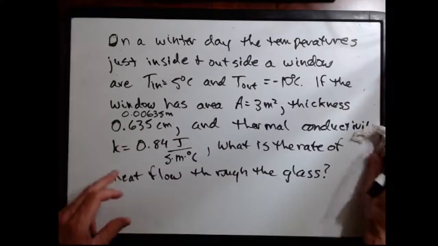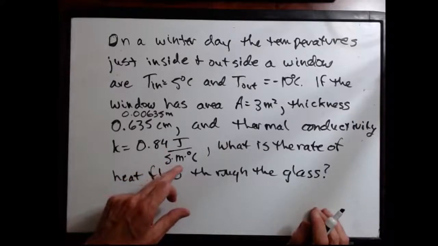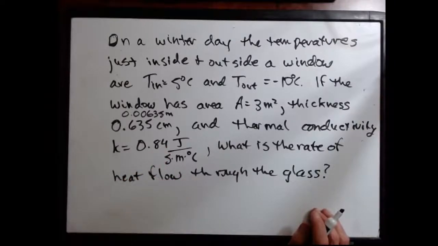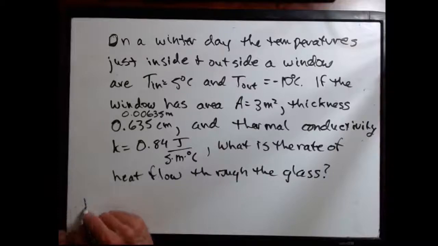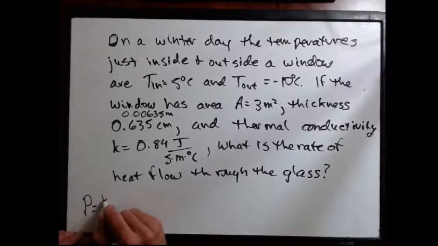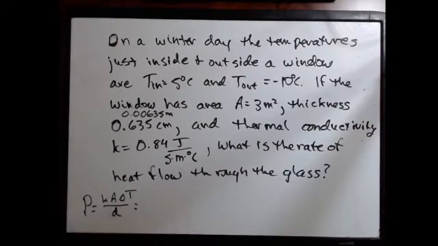And the thermal conductivity is 0.84 joules per second meter degrees Celsius. What is the rate of heat flow through the glass? And so we have to come up with our formula here, which is the power is equal to K A delta T over D. And so I just have to plug all those in, right?